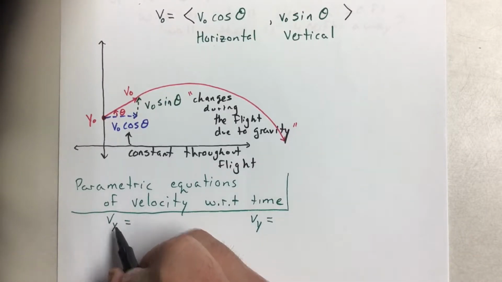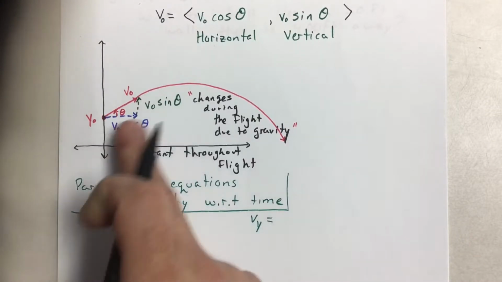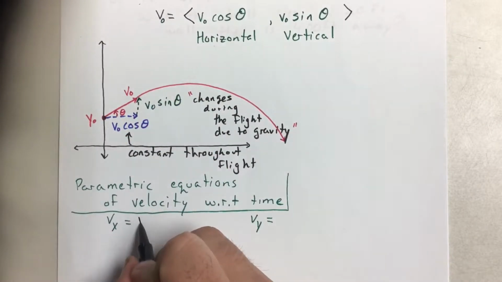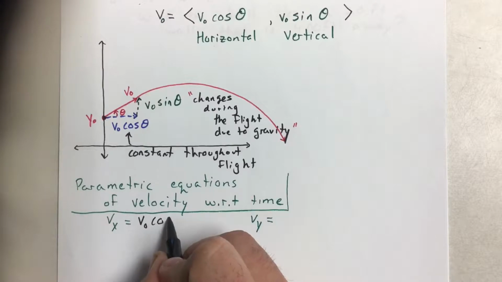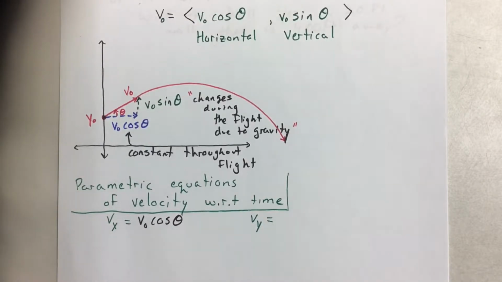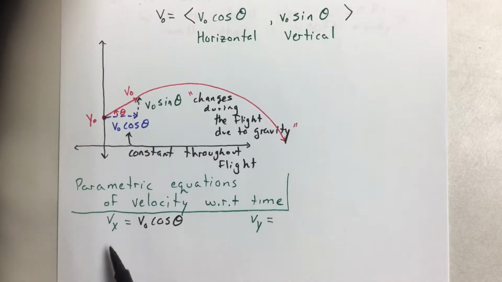So at every point in time throughout its flight, the velocity will always be the initial velocity multiplied by cosine of theta, whether it be 2 seconds into the flight or right before it lands. Whereas, as I said, the vertical changes due to gravity.